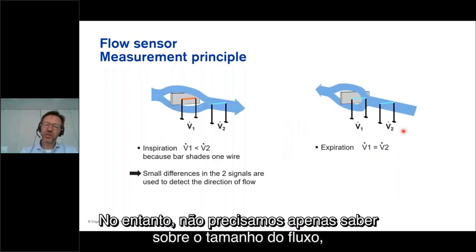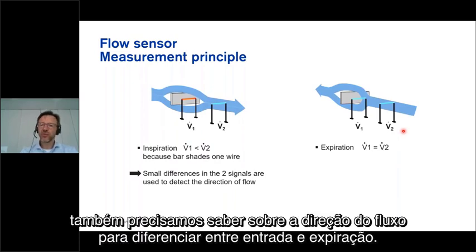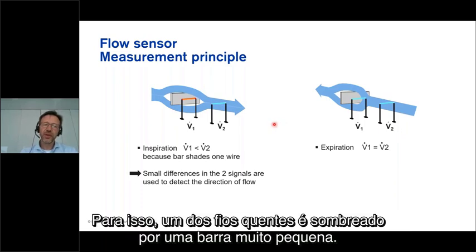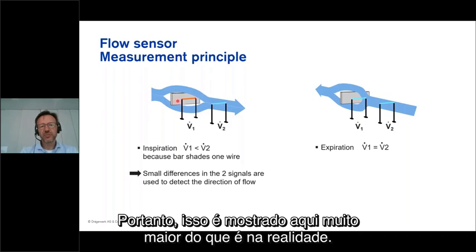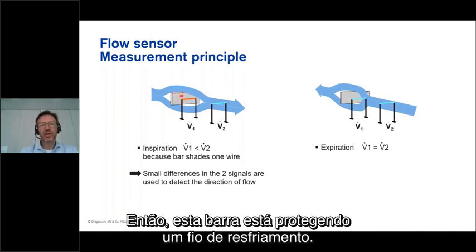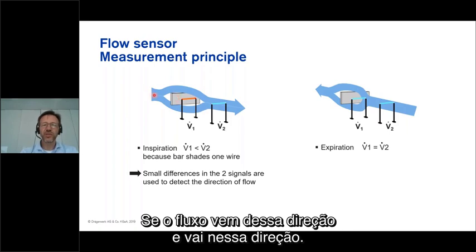However, we do not only need to know the flow size, we also need to know the flow direction to differentiate between inspiration and expiration. For this purpose, one of the hot wires is shaded by a very small bar, displayed here much bigger than it is in reality. This bar protects one wire from cooling down if the flow comes from this direction and goes into this direction.